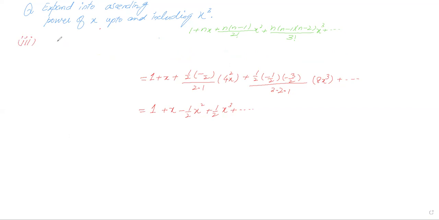If we have 1 minus 3 by 2 raised to power minus 2, now I have to solve the question. I will observe which type of terms I will get.